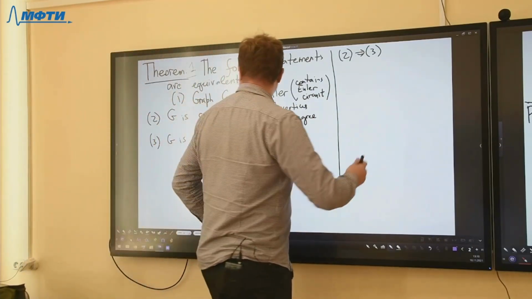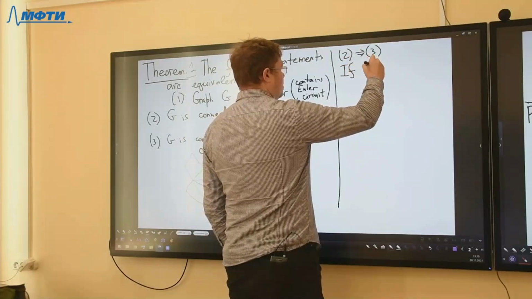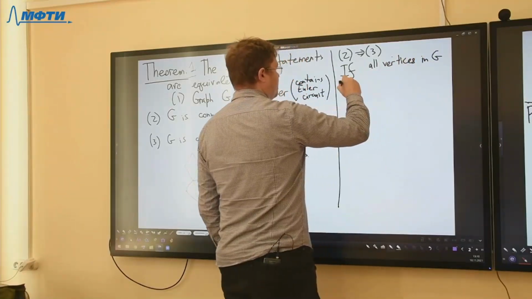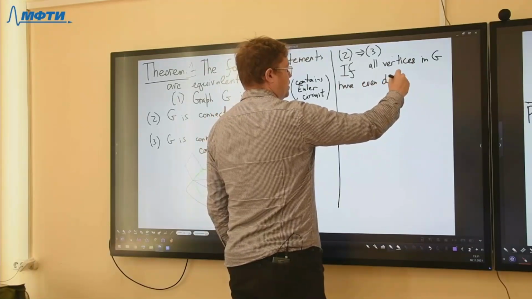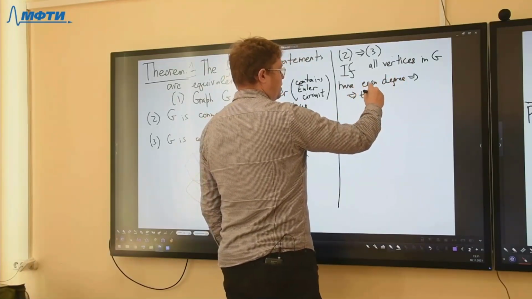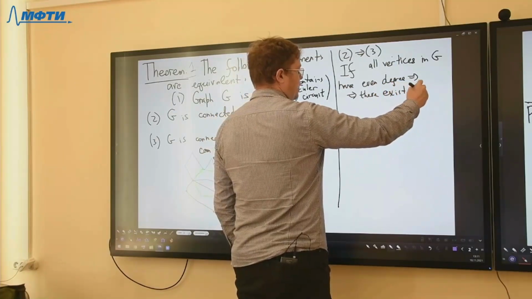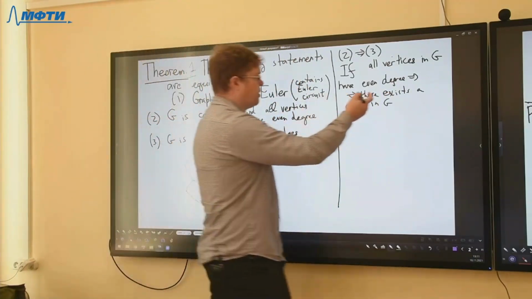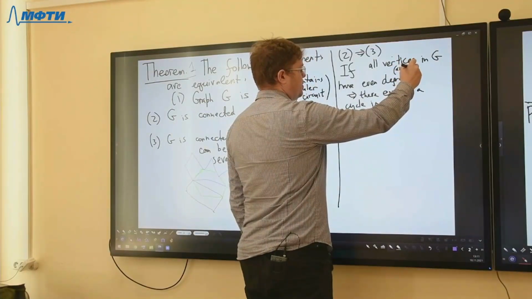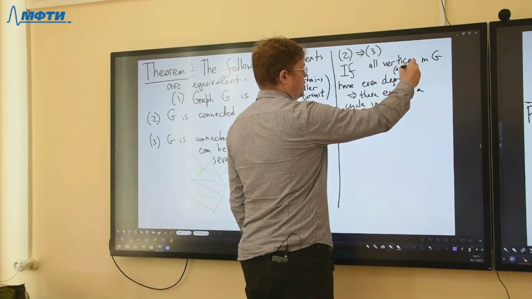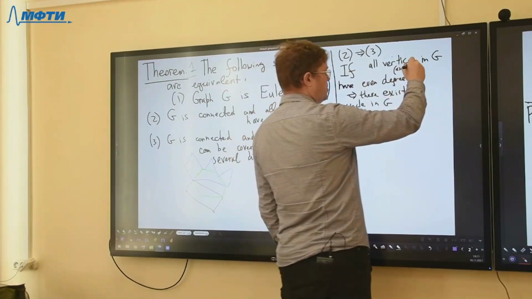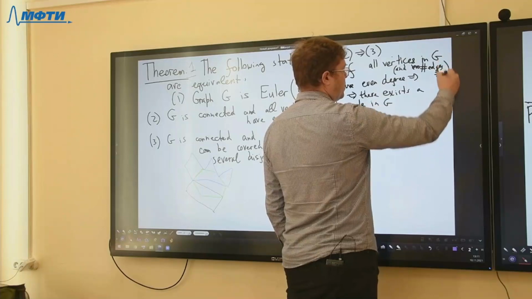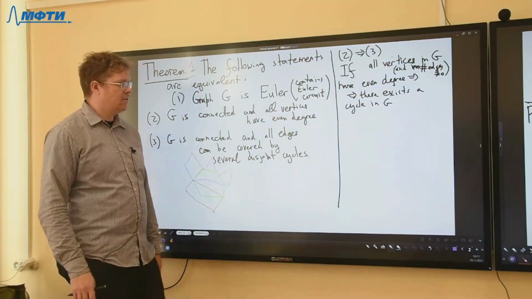So if all vertices in G have even degree, and the number of edges is not equal to 0, so the graph is not empty, then there exists a cycle in G.